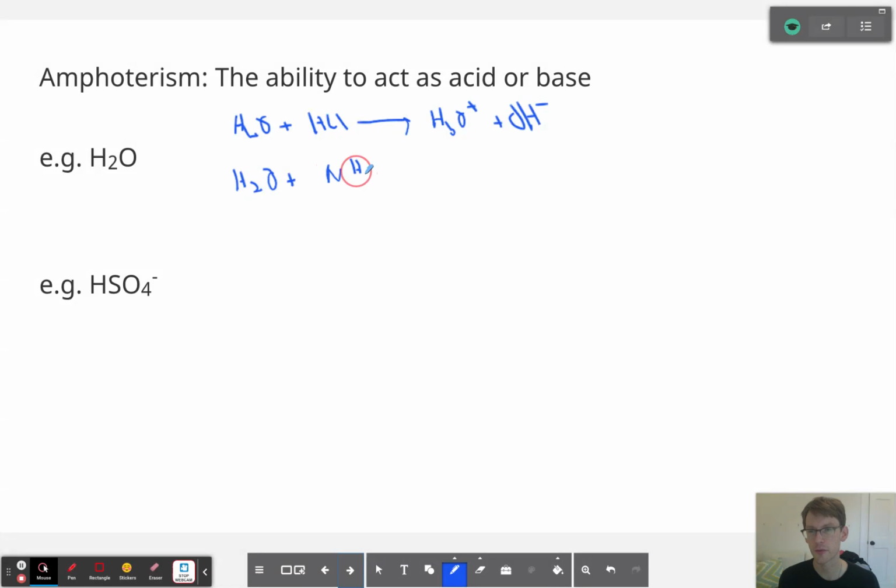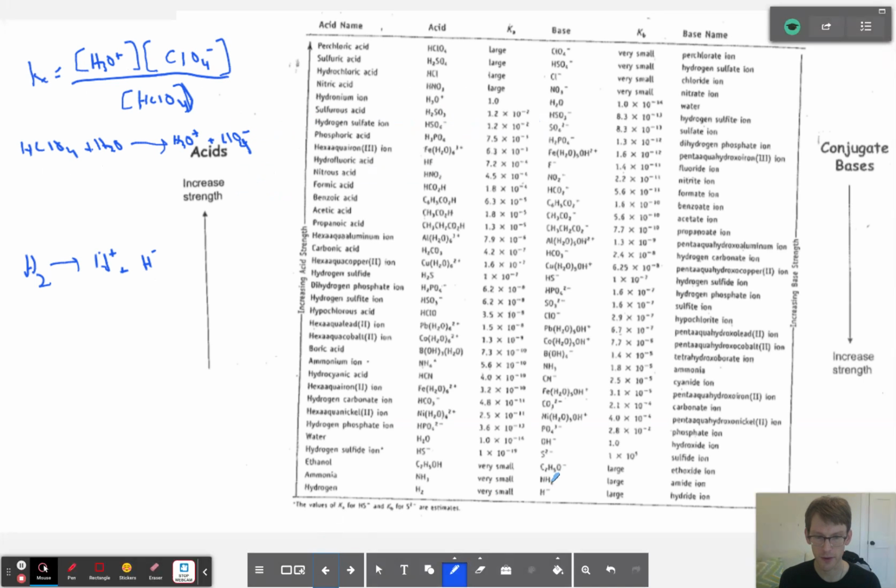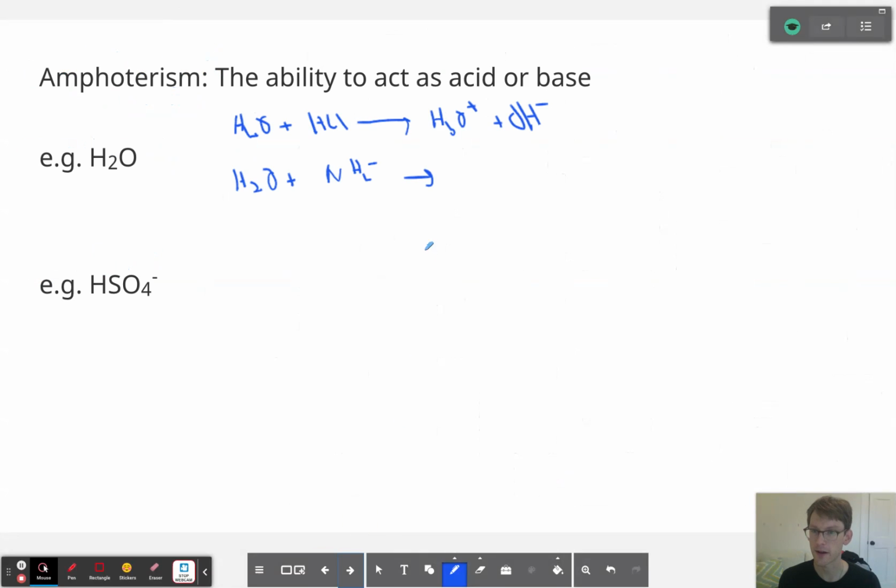Let's go for NH2 minus. And that will give us, and by the way, I'll point out that NH2 minus is right here with a very large Kb, the amide anion. It's going to give us NH3 plus OH minus. And I just realized I put an OH minus up here. I meant Cl minus. Sorry.